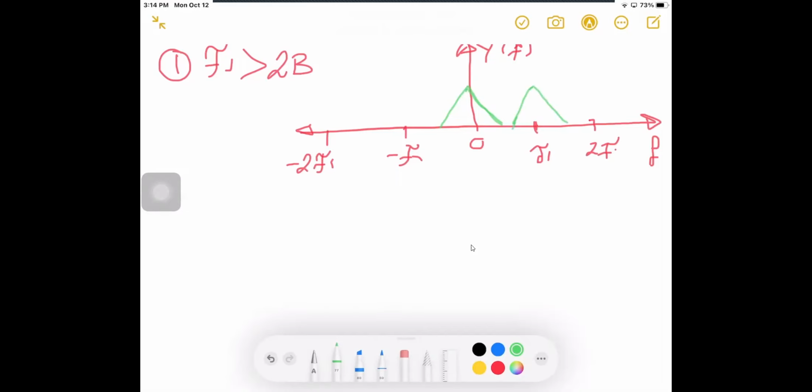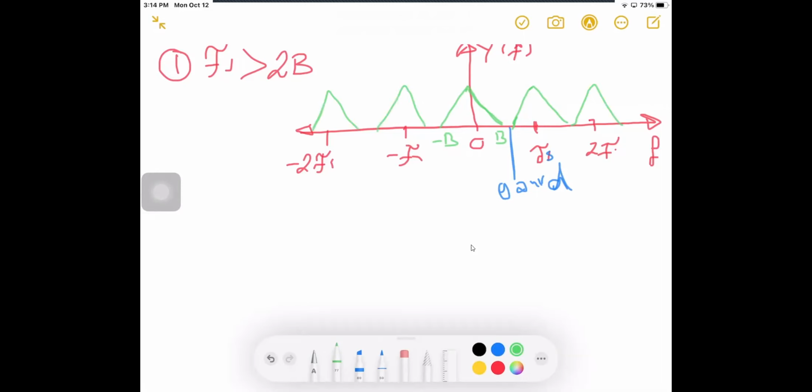Now this one is b and this one is minus b. If fs is greater than 2b, at that time the replicas of the spectrum will be apart. So we have here a guard band. Of course, for the others it will be the same thing.